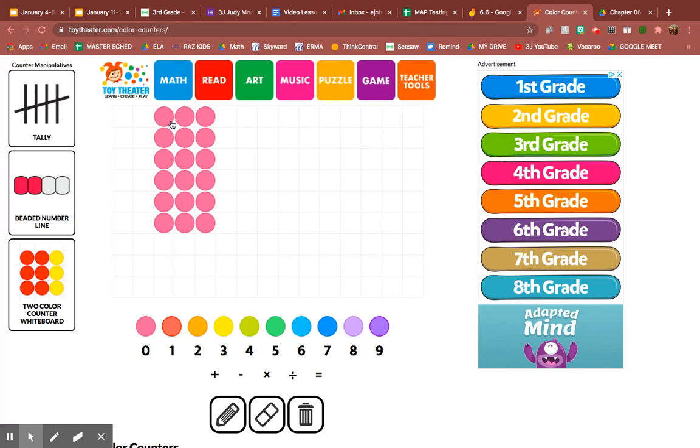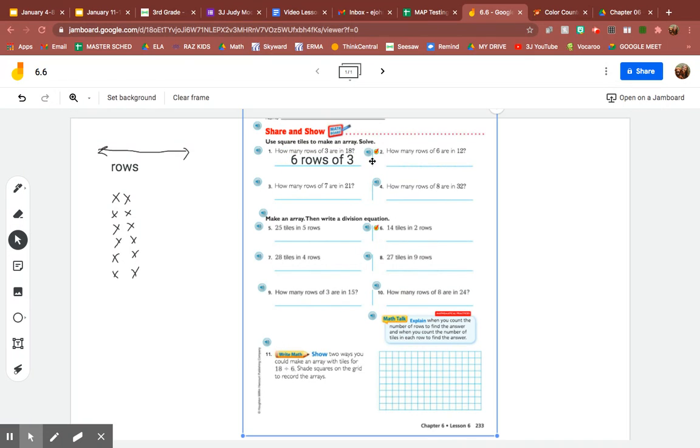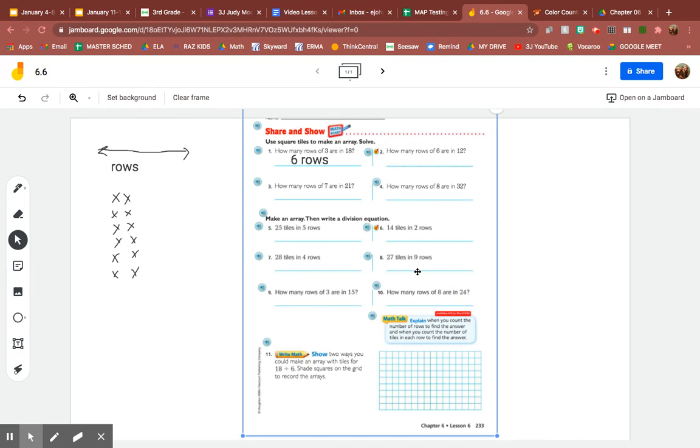So I have 1, 2, 3, 4, 5, 6 rows of 3, which equals 18. The question asked, how many rows of 3 are in 18? There's 6 rows of 3, or I can just write 6 rows. You can go ahead and write that down on your paper.